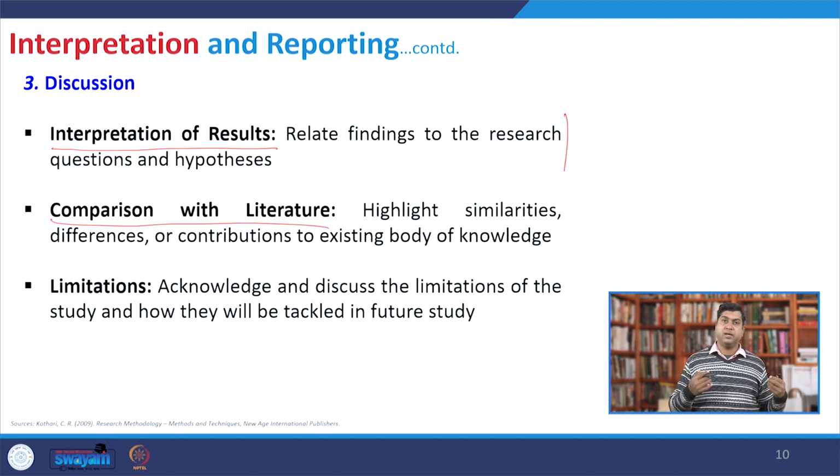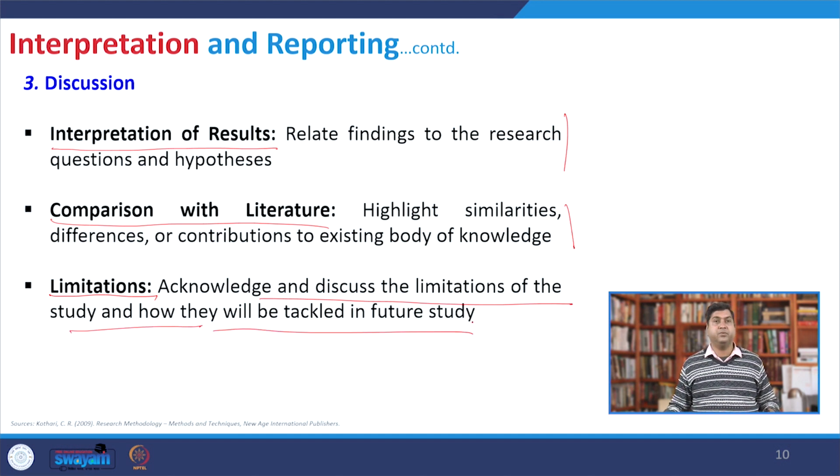Such things you need to discuss in a very clear manner. Then the limitation: acknowledge and discuss the limitations of the study and how they will be tackled in future studies. After analyzing, you may find that there may be a bias, or something that you assumed but it is not coming.